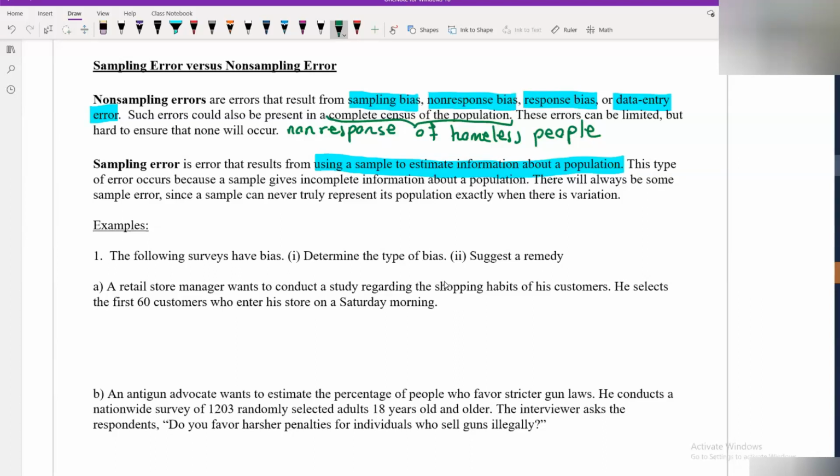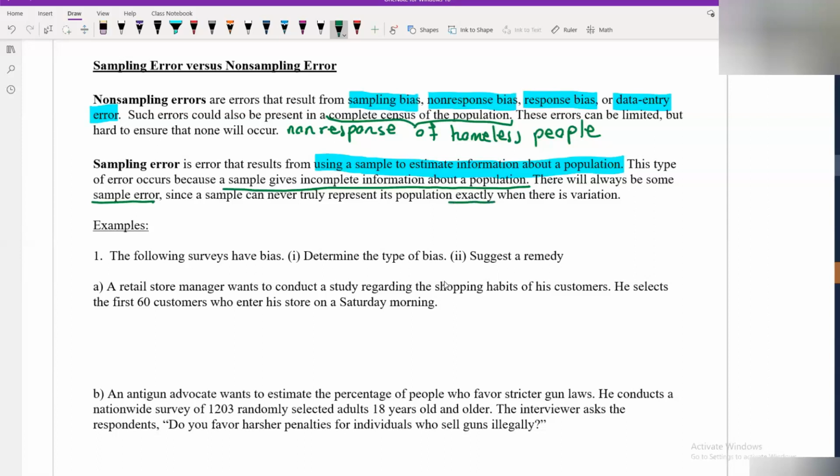So this type of error occurs because a sample gives incomplete information about the population. There will always be some sampling error, since a sample can never truly represent its population exactly when there is variation.